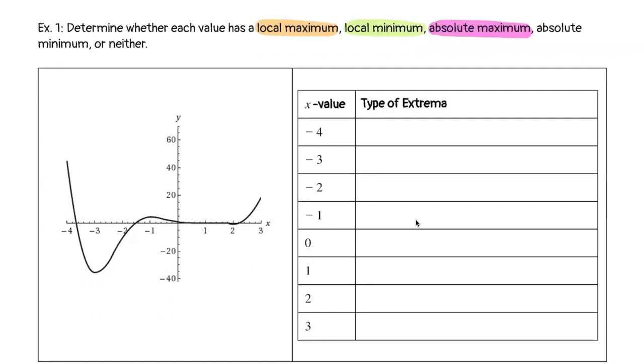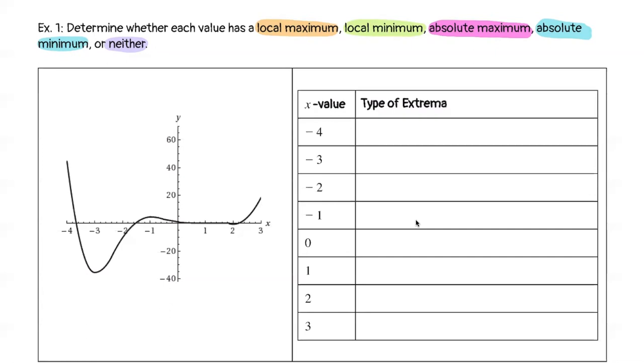Absolute maximum, we'll go with this pink. Absolute minimum, we'll go with this light blue. And neither, we'll go with this purple. Based off of what you think these words might mean, can anyone tell me which one of these x values might be considered, let's actually start with the pink one, an absolute maximum?